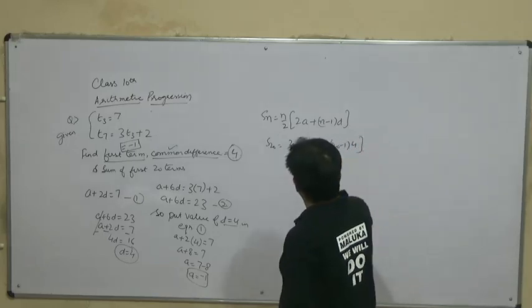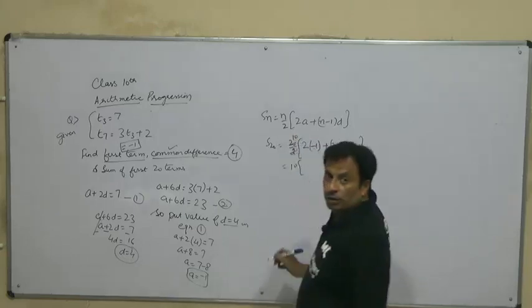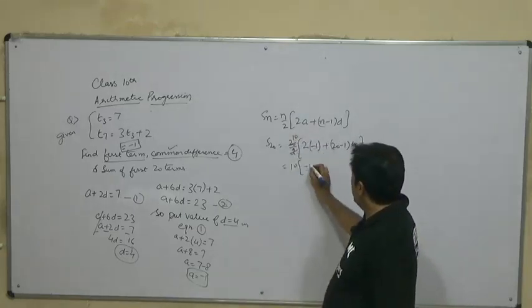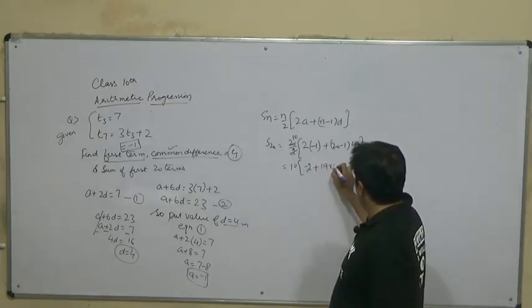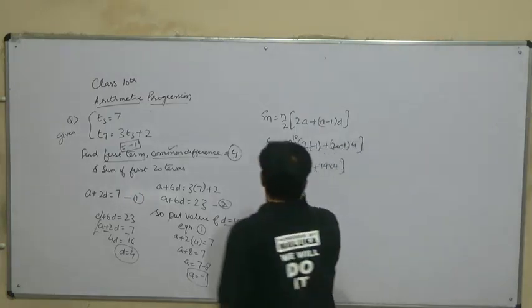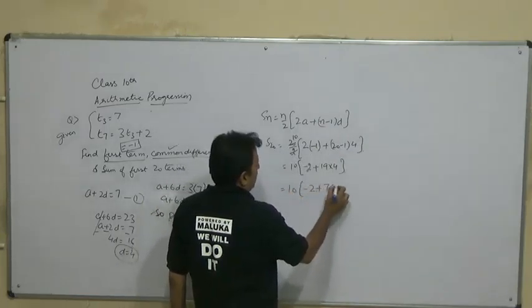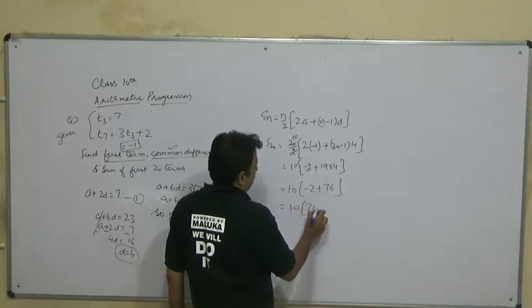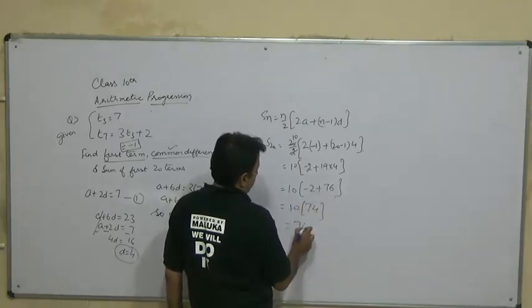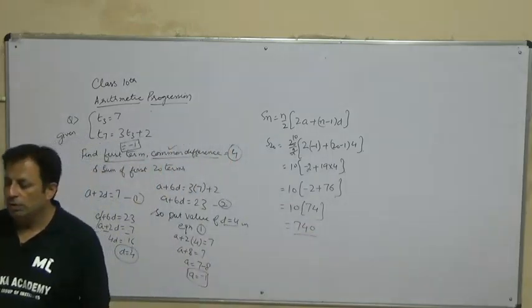So the 2 cancels out with 20 to give 10. So this is 10 into 2 into minus 1 is minus 2 plus 19 into 4. So this will be 10 into minus 2 plus 76, so this is 10 into 74. So this will become 740. So the sum of 20 terms is equal to 740.